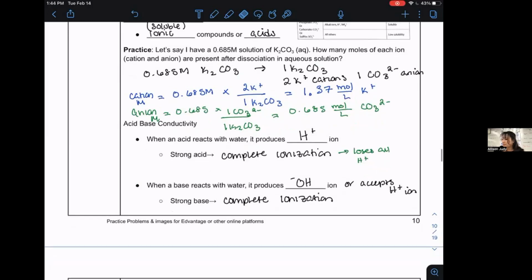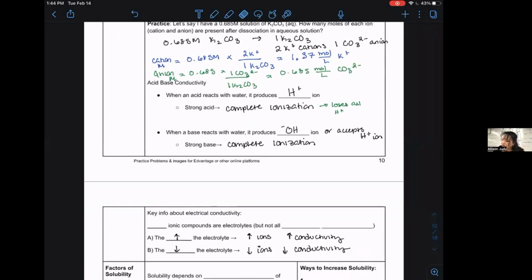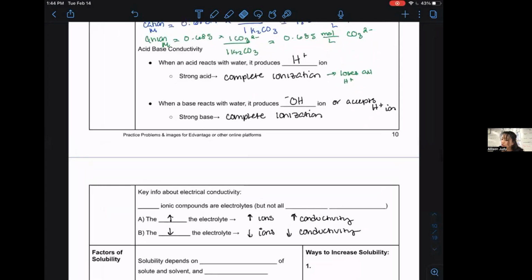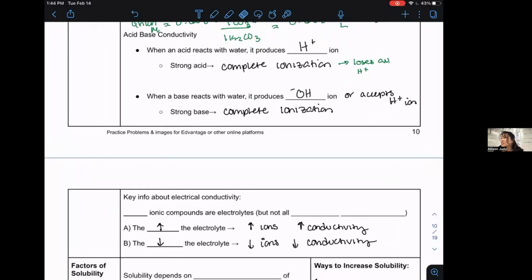that can conduct electricity as a result. Okay. So obviously then, when talking about electrical conductivity and quantifying the amount of ions present, we see a relationship. Okay. Ionic compounds are electrolytes. Oh, all ionic compounds are electrolytes, but not all are easily soluble.